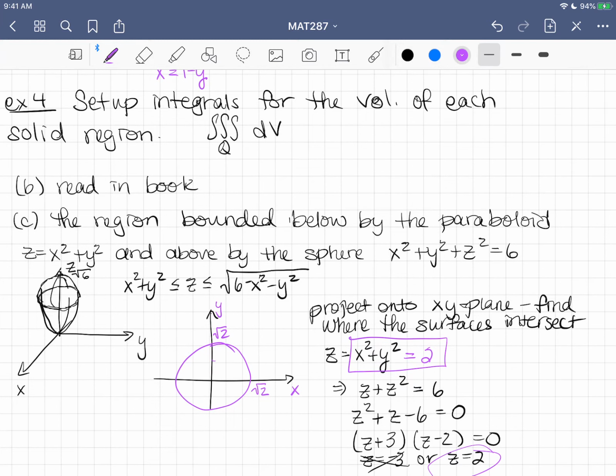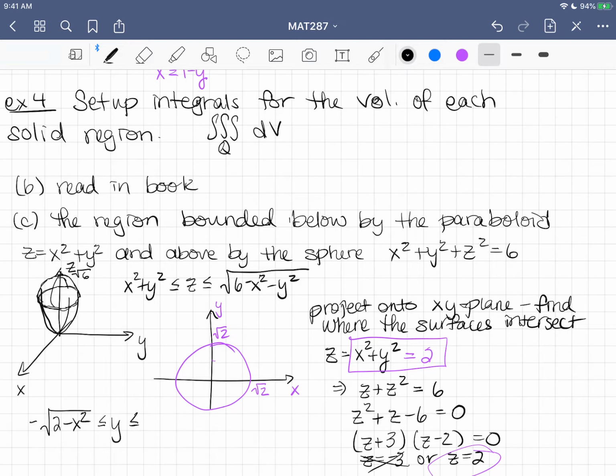And so I, again, could go vertically simple or horizontally simple. Let's go vertically simple. So what are my bounds on y? Well, y goes from the bottom of the circle up to the top of the circle. The bottom of the circle has equation negative square root of 2 minus x squared.